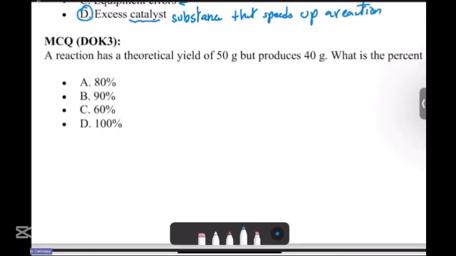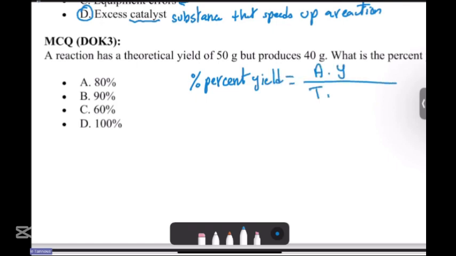Now another question. Note that the formula of percent yield will be given to you in the quiz. So it's the actual yield over theoretical yield, times 100. Many students forget to multiply by 100, so please be careful with this.